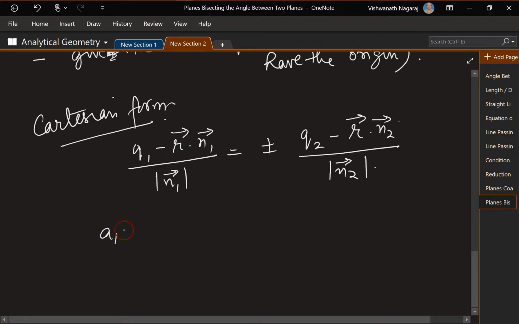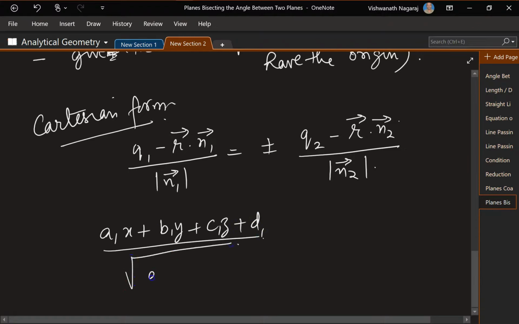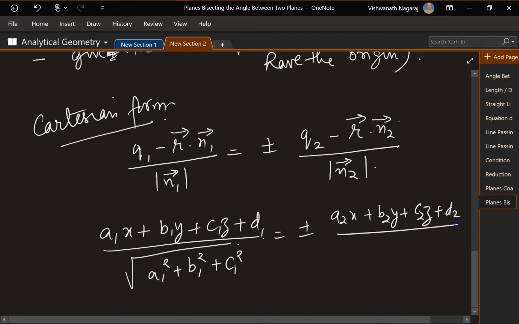So we can write it as a1x plus b1y plus c1z plus d1 by square root of a1 square plus b1 square plus c1 square is equal to plus or minus a2x plus b2y plus c2z plus d2 by square root of a2 square plus b2 square plus c2 square.